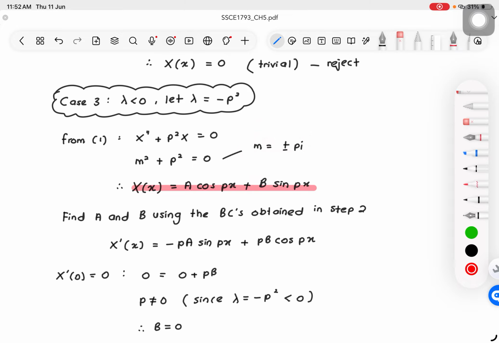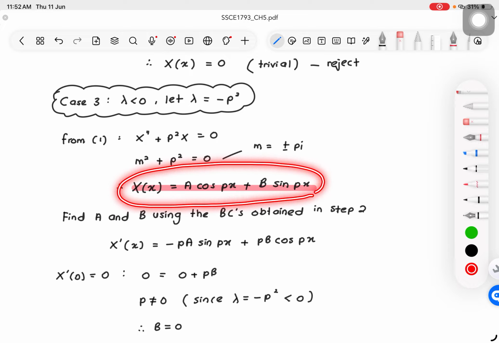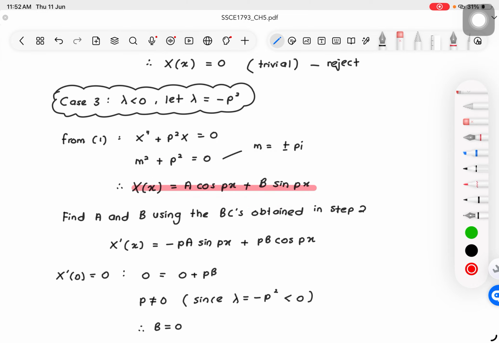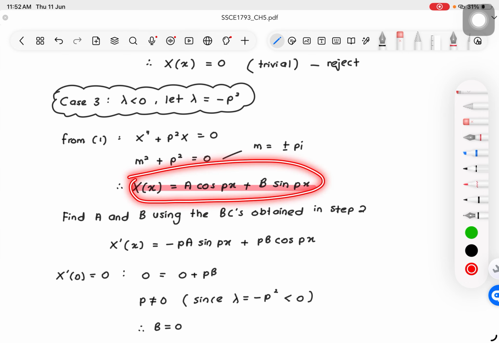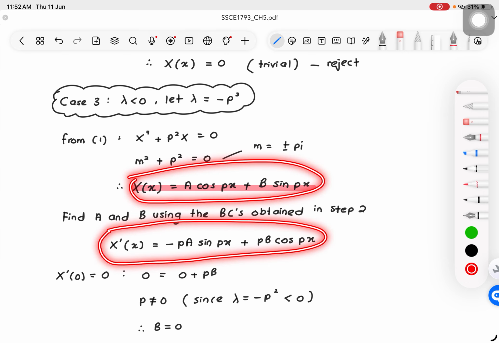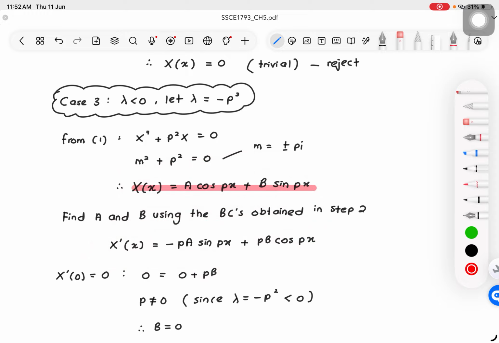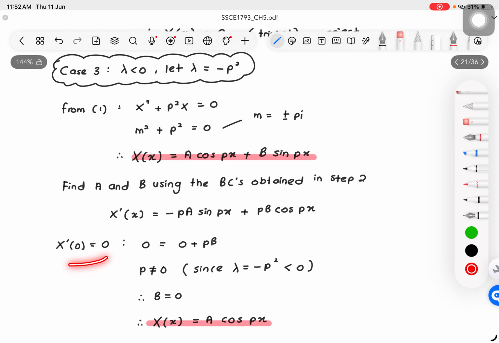When we form the general solution for x, we will get this one. Same thing here, we're going to find the values for a and b. By using the boundary condition in step 2, the boundary condition is for x prime, so we need to differentiate this one, and we will get this one. After we get the equation for x prime, we use this boundary condition to find the values of a and b here.